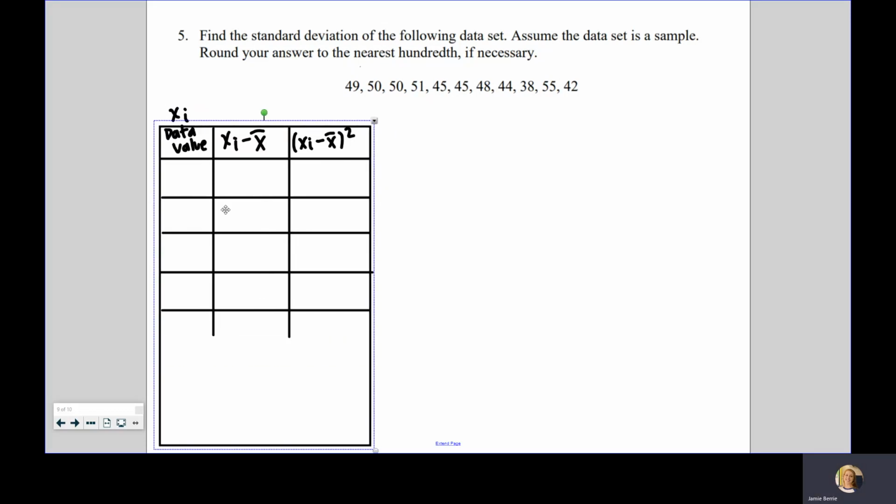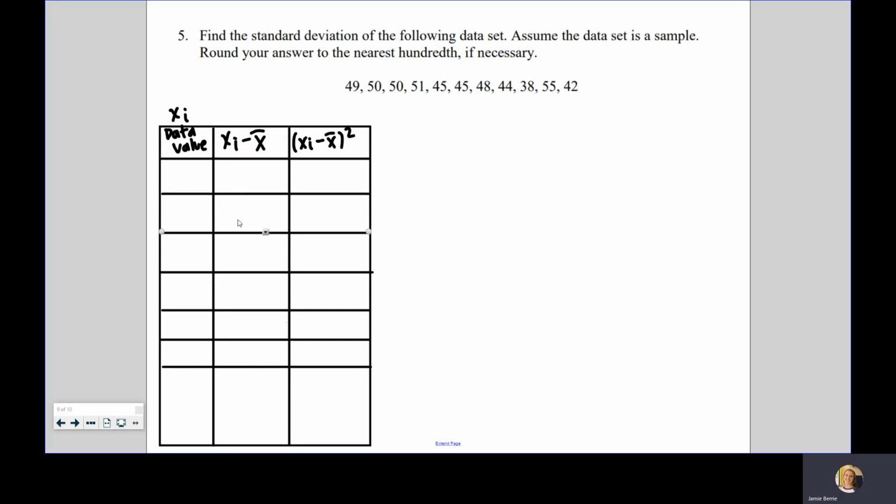All right, so 1, 2, 3, 4, 5, 6. Go ahead and start drawing your table. I might scoot some of these up and make them smaller to fit them all in.